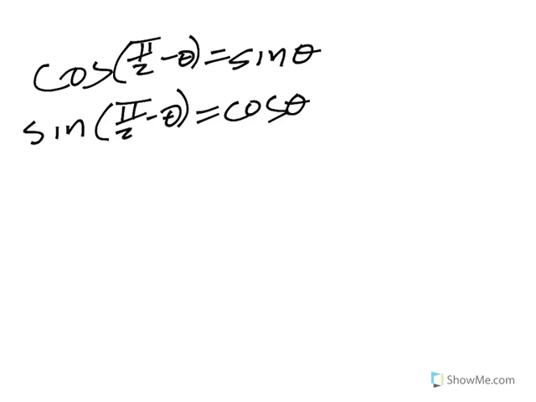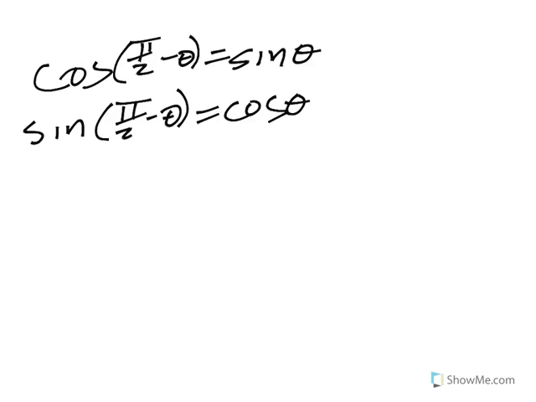They have the exact same relationship with each other, that if I just take a quarter of a rotation around the circle and go back whatever angle I started with, I switch the x and y coordinate values. And kind of cool. The other ones just kind of fall out from these two.